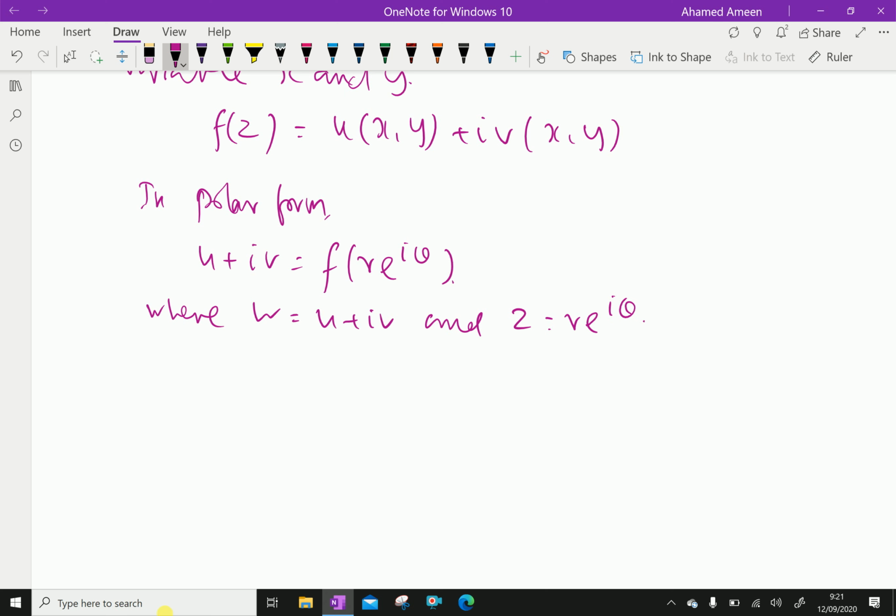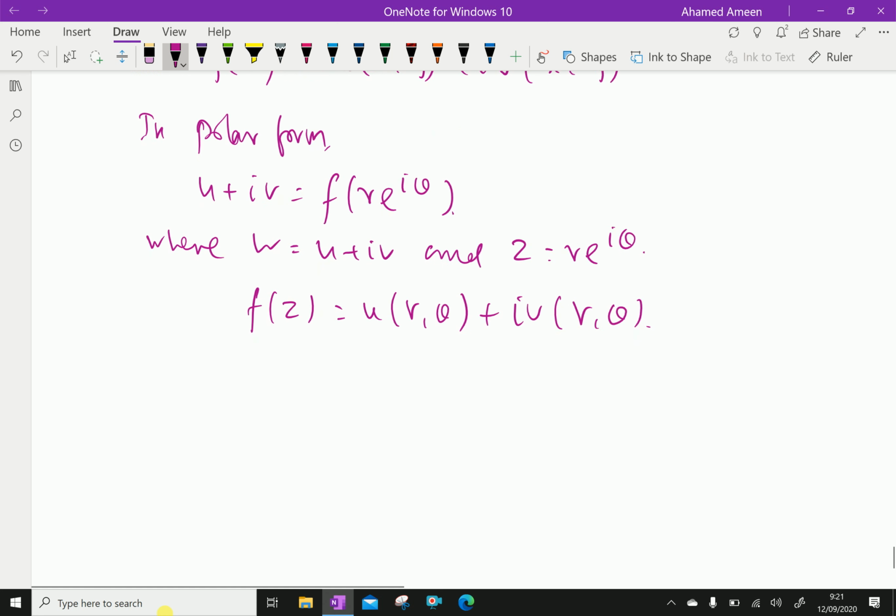Then we can write f of z equal to u of r, theta plus, because in polar form we are expressing this, i v of r, theta.